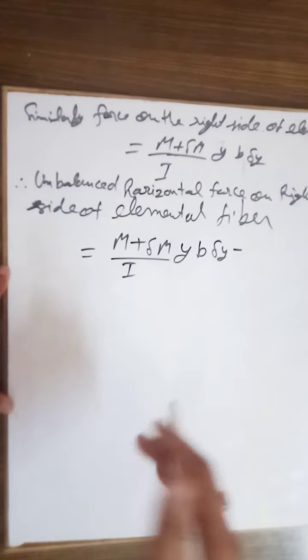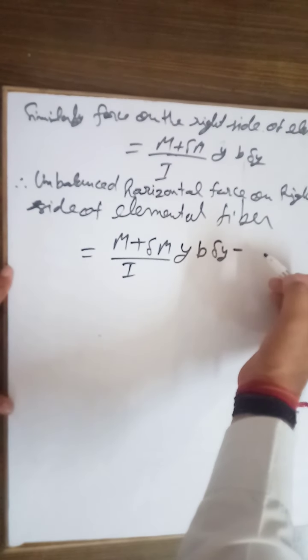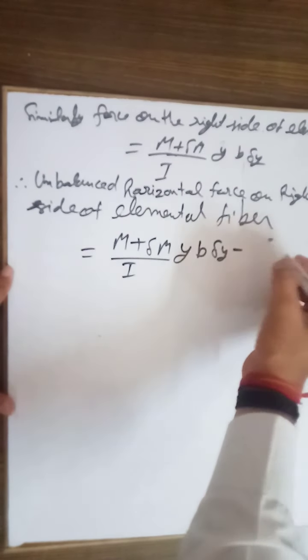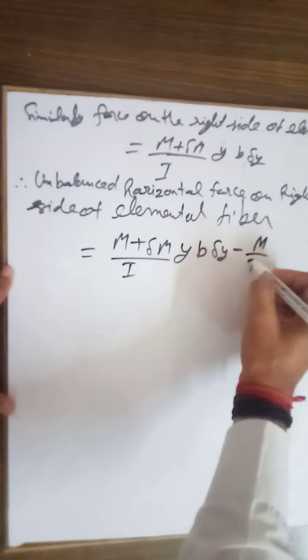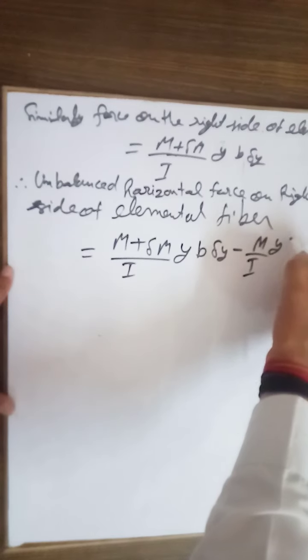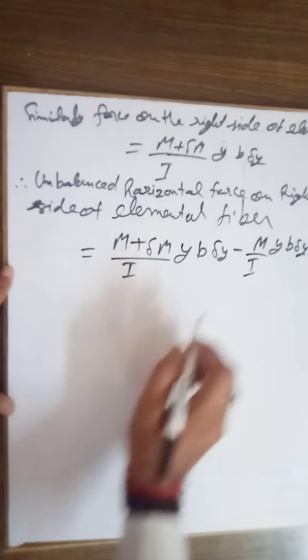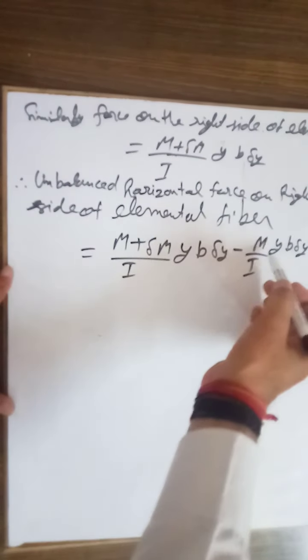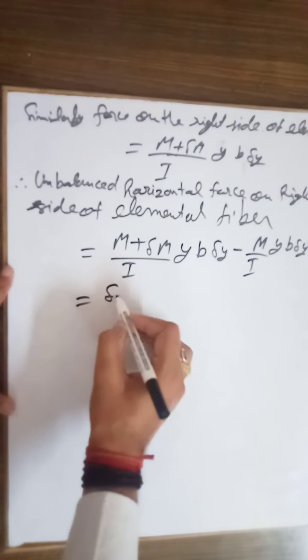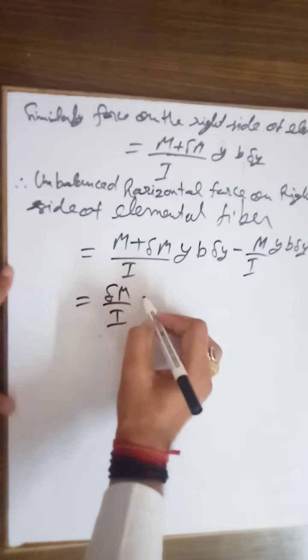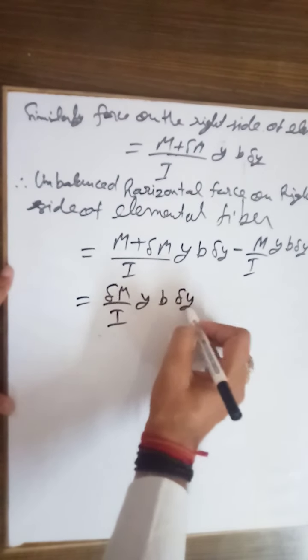Okay, so that is the value of the unbalanced horizontal force. By putting the value of the force on the left side, M upon I Y B del Y, this term will be cancelled out if we solve this equation. So finally we will get del M upon I Y B del Y.